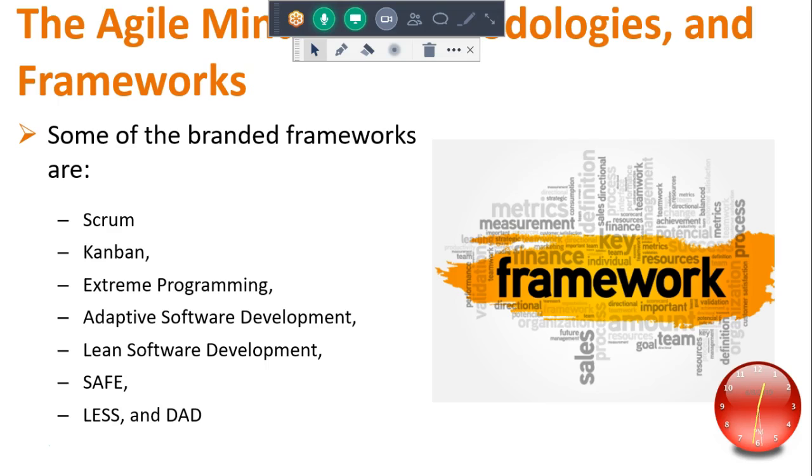Obviously, when you get into the bigger and more complex frameworks, like SAFe, where you're talking about coordinating the efforts of multiple agile development teams, that is simply a matter of taking the principles and saying, okay, in this particular case, we have an initiative that's big enough that we have half a dozen different Scrum teams working on it.